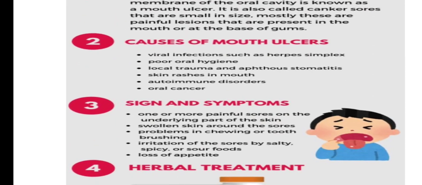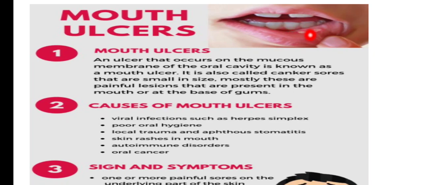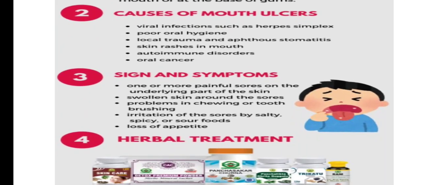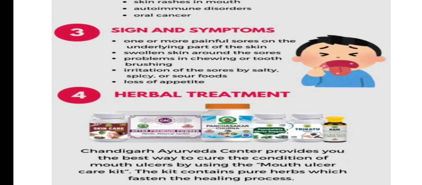So yes, they are actually very small in size, not so big, and they can occur either in the mouth or on the gums. We have already discussed the causes, but if we move towards the signs and symptoms, they are very painful sores and swollen skin, like inflammation or reddish skin.